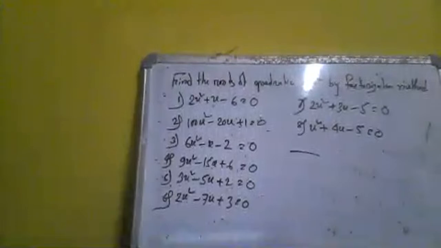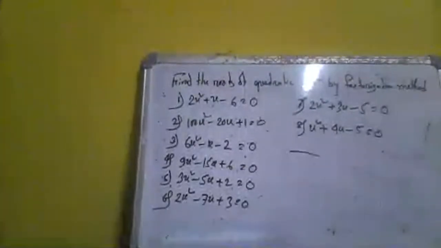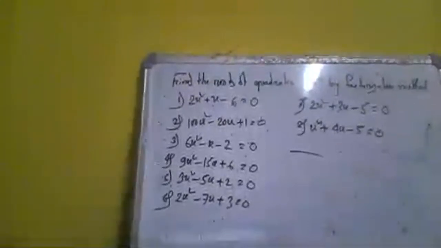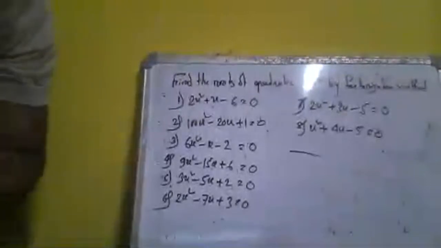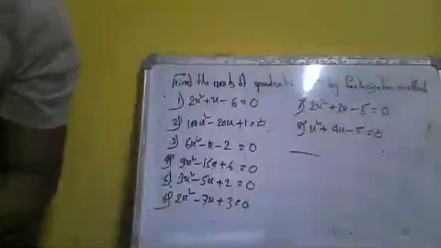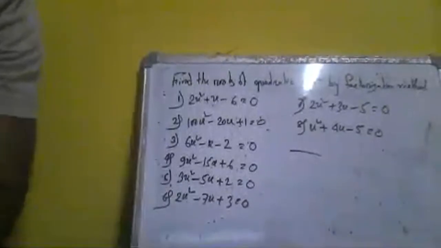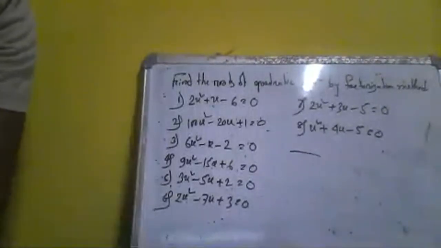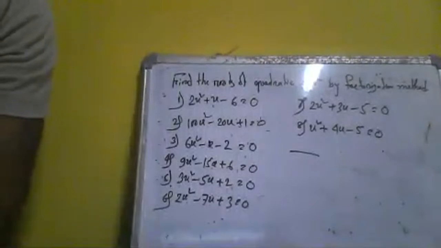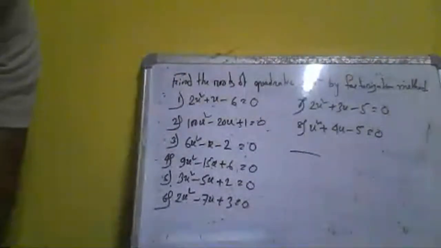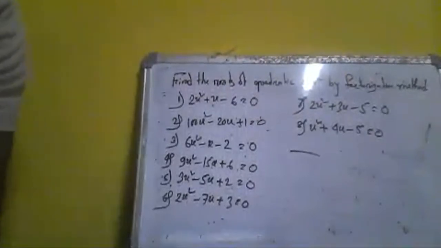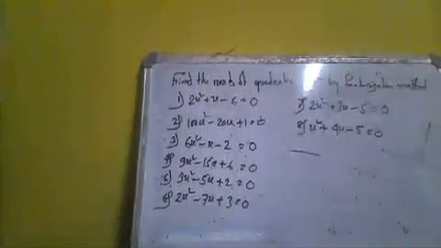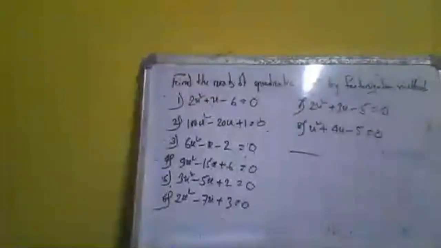Today after this much, only one method to discuss. And today what you did first: what is the standard quadratic equation? The standard quadratic equation is ax square plus bx plus c equal to 0, and a not equal to 0, and c is a constant term. Any equation whose highest degree is 2 is called a quadratic equation.